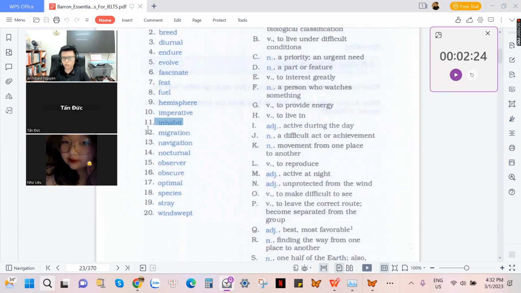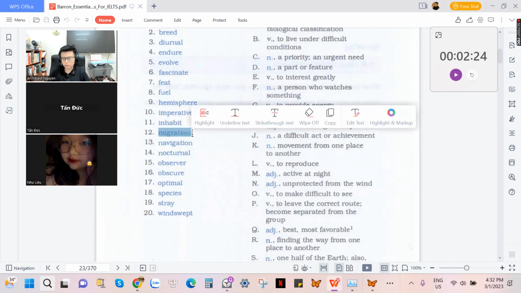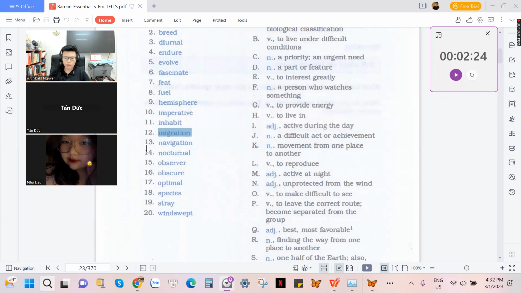So let's move to the word migration. Migration, migrate. People use the word migration for movement. People and animals move from one place to another.